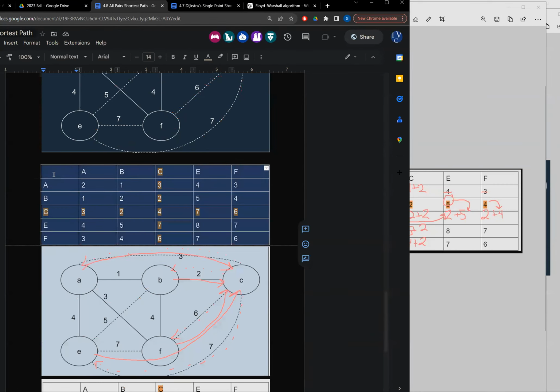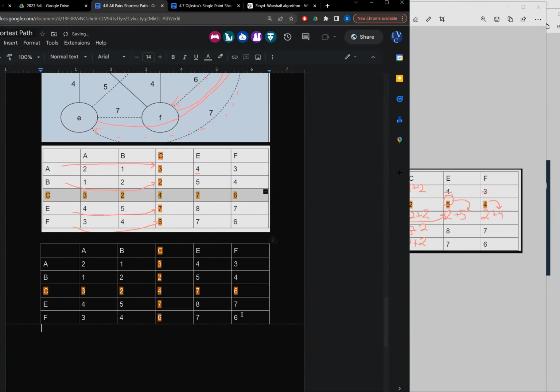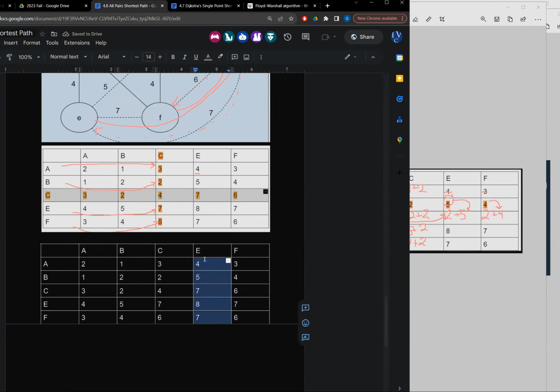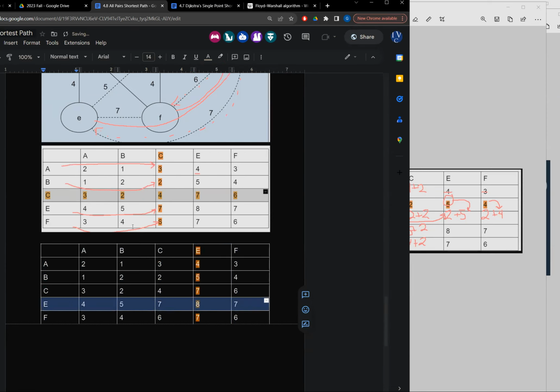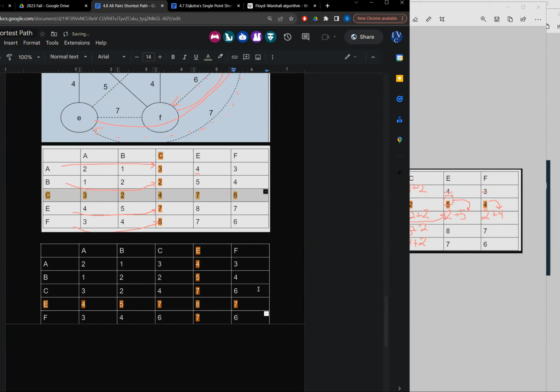And we can move along to our second to last vertex. Question.